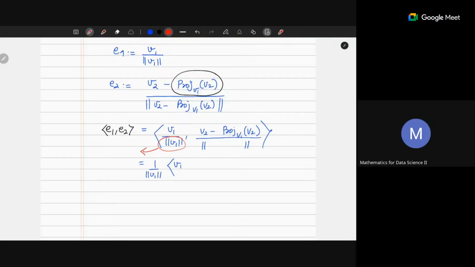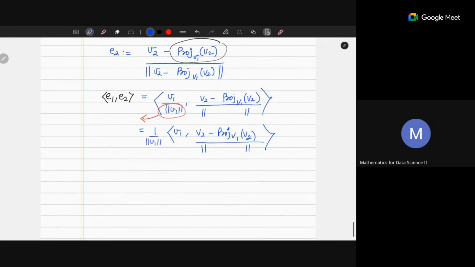And again by linearity, I can take this out. What remains is the inner product of v1 with this vector, divided by the norm.